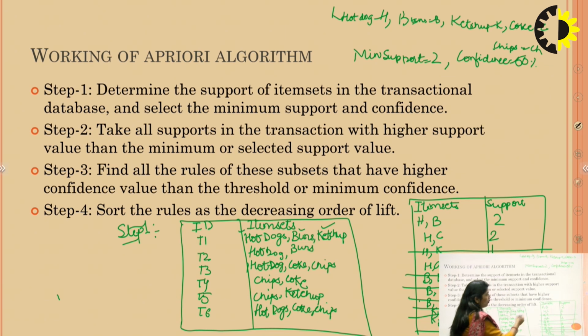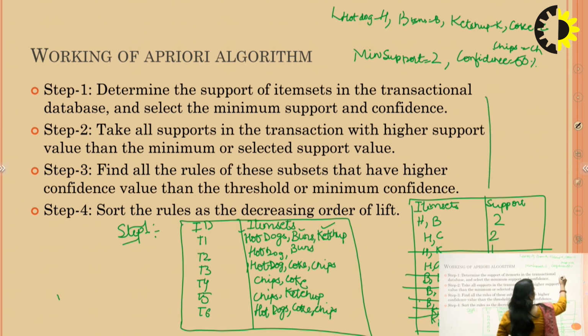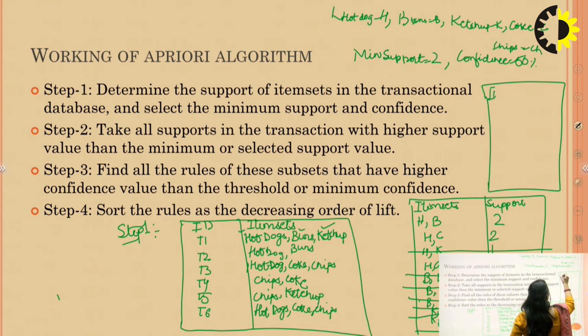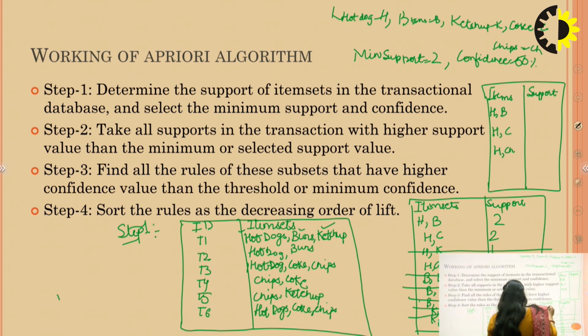So now again the refined table will look like items, support. Now H, B, hot dog and bun, hot dog and Coke, hot dog and chips, Coke and chips.